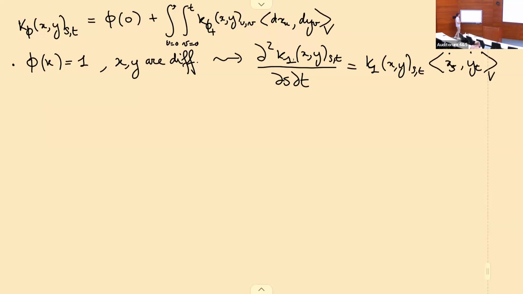And so just as a reminder, k_phi of (x,y) is the inner product of the signature of x with the signature of y according to this phi-weighted inner product. So we've shifted the problem of computing this a priori complicated function, the inner product between two infinite dimensional signatures, to a problem of solving a two-dimensional PDE.